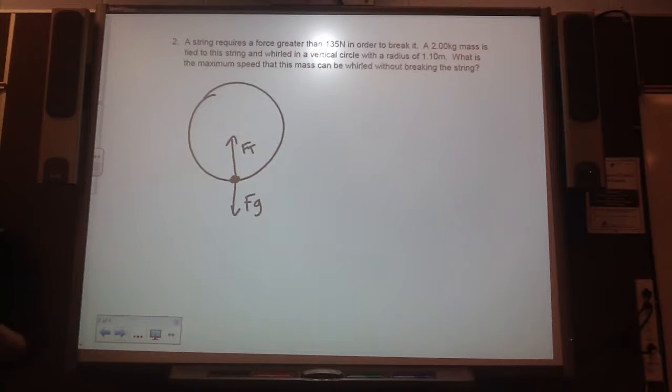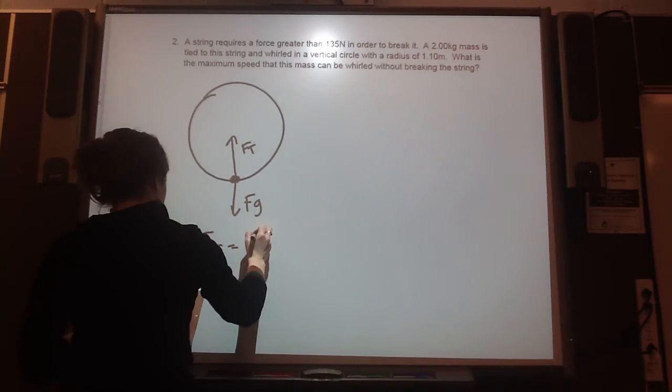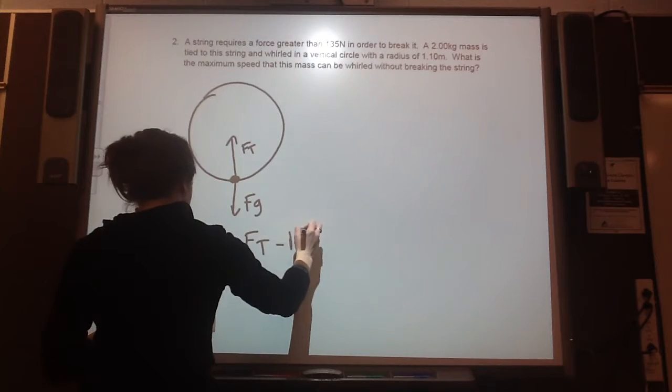So it's important to just kind of conceptualize what's happening first, draw a diagram, and then you can set up your equation. Don't just run into the math. Make sure you set things up properly. So we have Fc is equal to Ft minus Fg.